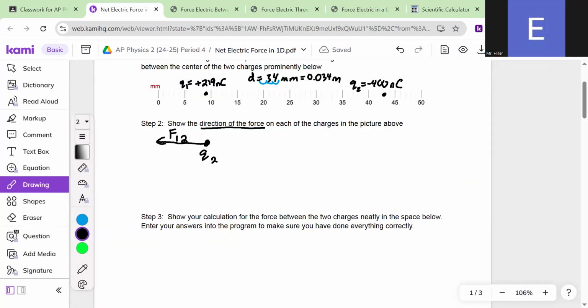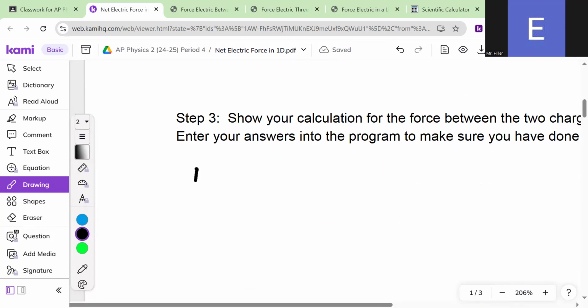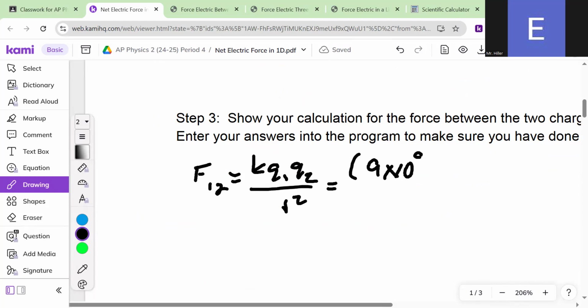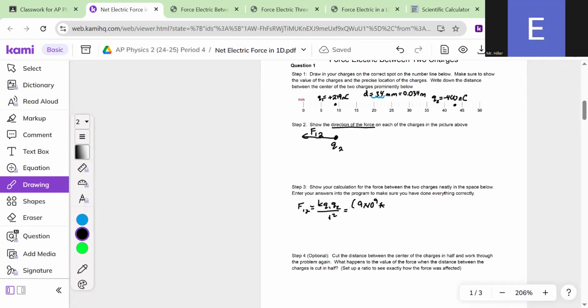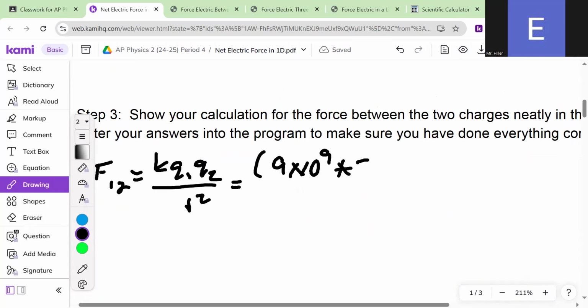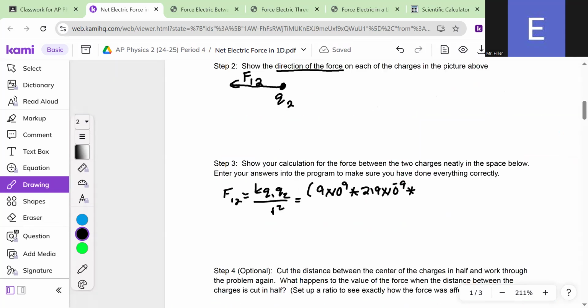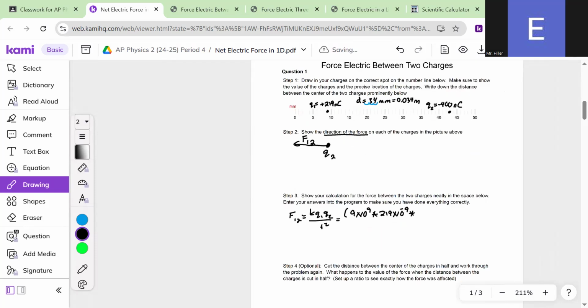Now for step 3, let's actually calculate F12. It's going to be K Q1 Q2 over R squared. And we're going to go 9 times 10 to the 9 is our value for K. My first charge is 219 nano times 10 to the negative 9 times 400.